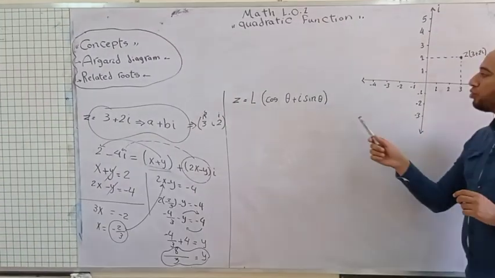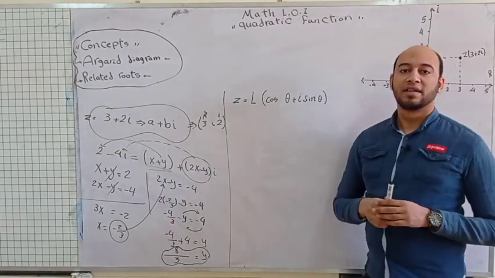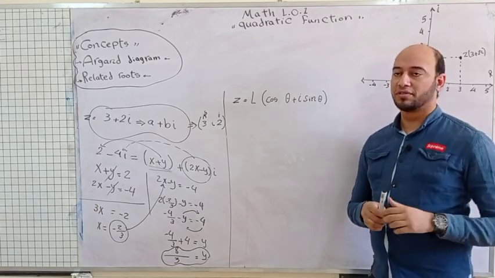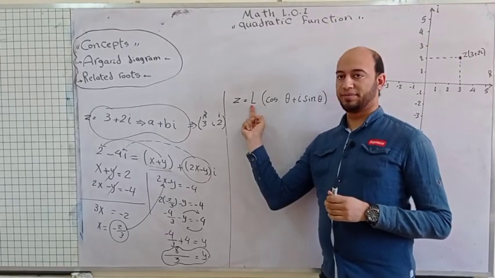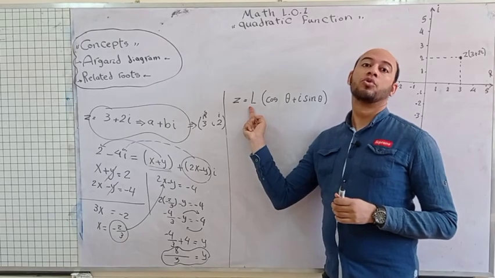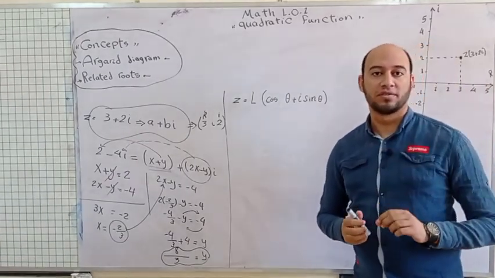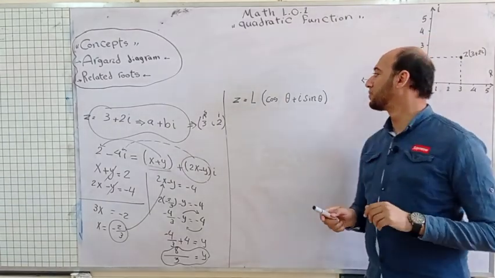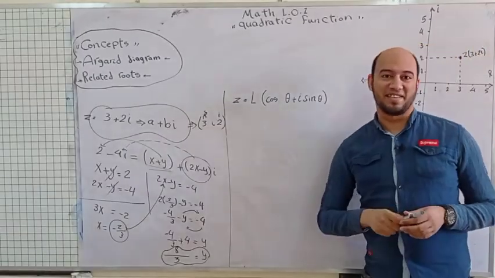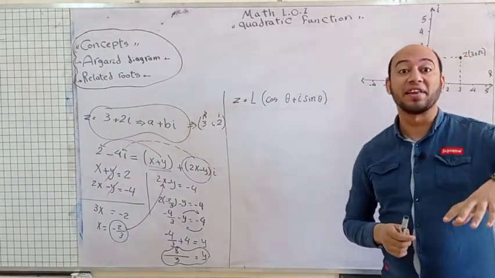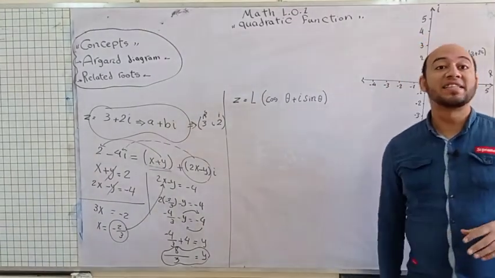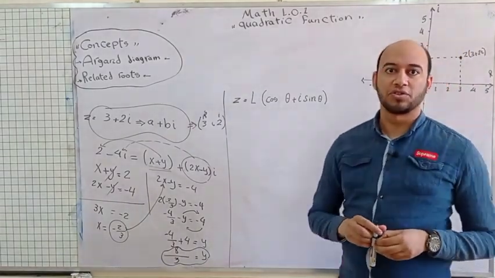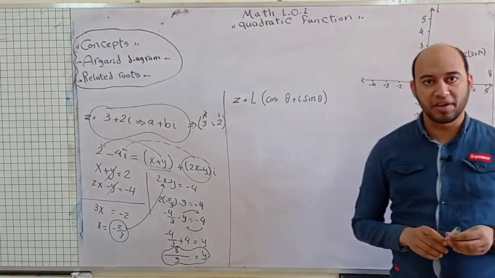Now, to get this trigonometric form, you need to know two variables. L is called the modulus of the complex number. And theta here is an angle, and it's called the argument.